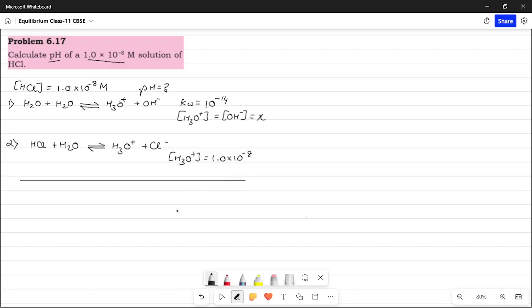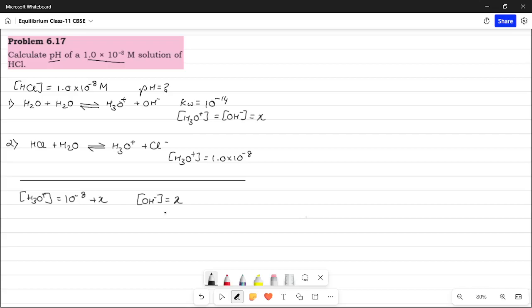So the total amount of H3O plus would be equal to 10 to the power minus 8 plus X. So we're considering both the sources. And the concentration of OH minus ion is going to be equal to X.